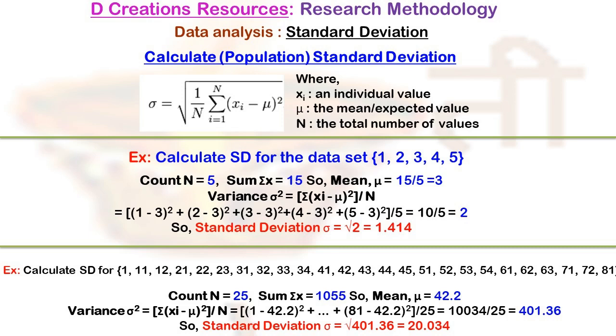Whatever sum you get here, I have done it myself, and the answer comes out to be 10034. You have to divide this by 25 to get the variance, which is 401.36. So the standard deviation is the square root of 401.36, and the answer is 20.034. So this is the standard deviation for this particular data.